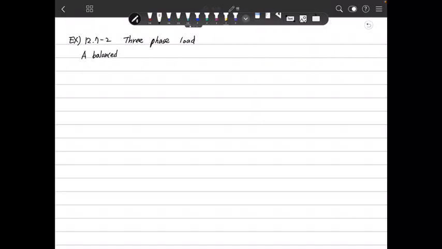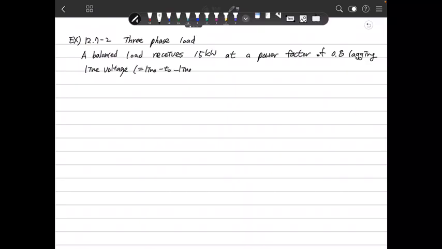We have a balanced load receiving 15 kilowatts, this is active power, at a power factor of 0.8 lagging, and the line voltage, that means line-to-line voltage, is 480 volts RMS.